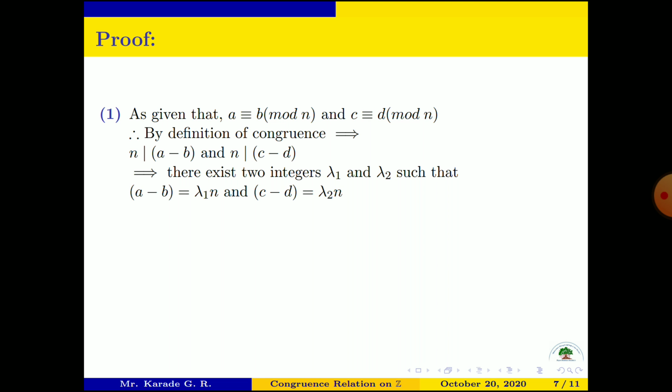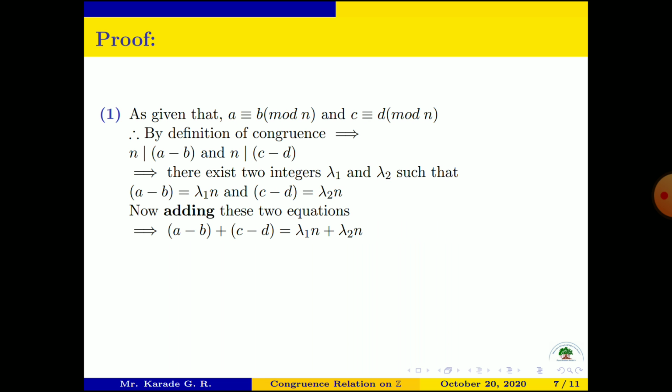Therefore we make the addition of these two equations. So now adding these two equations and see what we get. So this implies that a minus b plus c minus d is equal to lambda 1 n plus lambda 2 n.